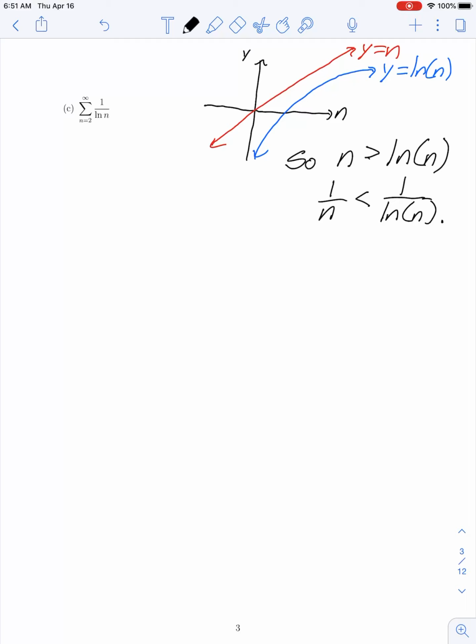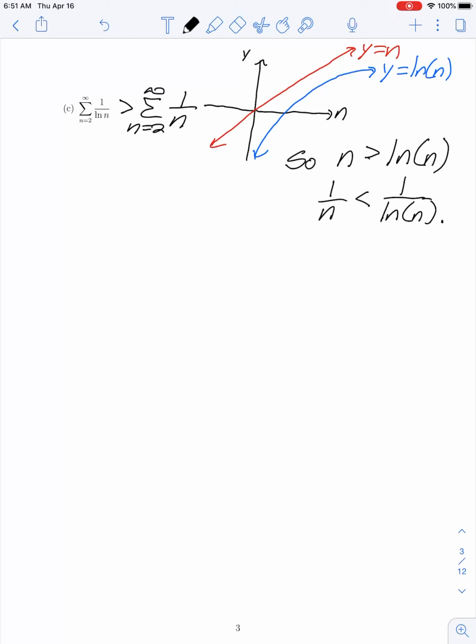So if I think about the series that I have, the sum from 2 to infinity of 1 over log of n, well, this is dominating the series from 2 to infinity of 1 over n, since 1 over natural log of n is always greater than 1 over n.